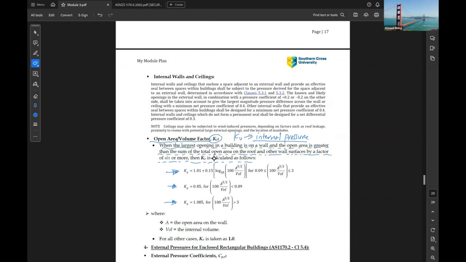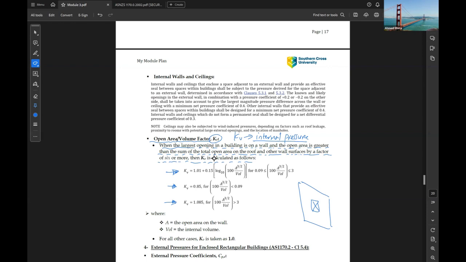So if we have an opening in a building in a wall and the open area is greater than, like if we have an opening here and the open area is greater than the sum of the total open area on the roof and the other wall surfaces by a factor of 6.